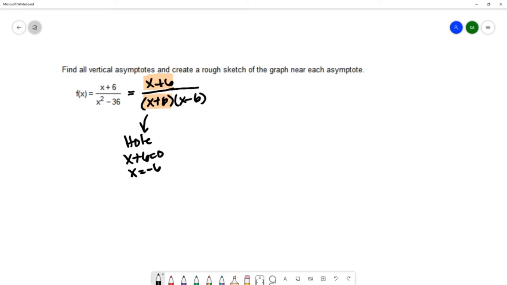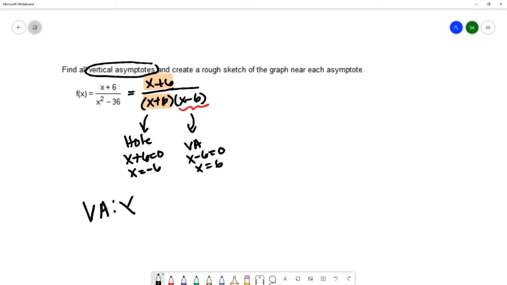The remaining factor that doesn't have a common factor will be a vertical asymptote. We find it by setting that factor equal to 0, so we have a vertical asymptote at x equals 6. This function will have just one vertical asymptote, at x equals 6.